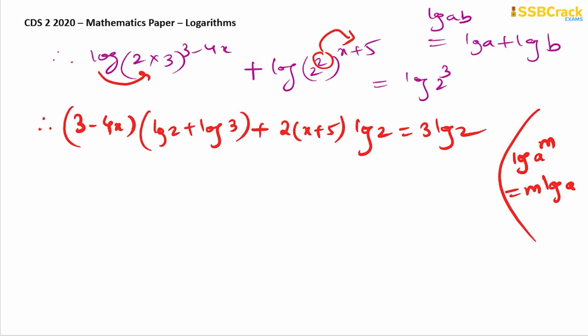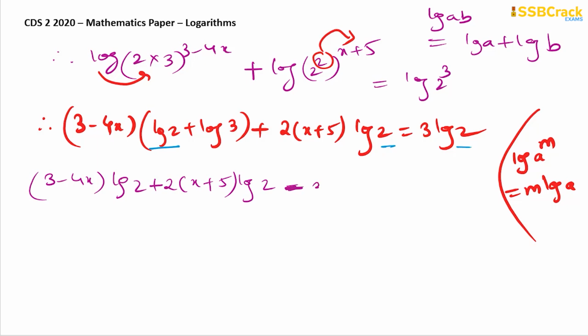Now, you could see that there are terms with log 2 on both sides of the equation. So what we can do is collect them on one side. So (3 minus 4x) log 2, then we have plus 2 times (x plus 5) log 2, then we have minus 3 times log 2 equal to the right hand side. I would take the log 3 term, so minus (3 minus 4x) log of 3. Alright.